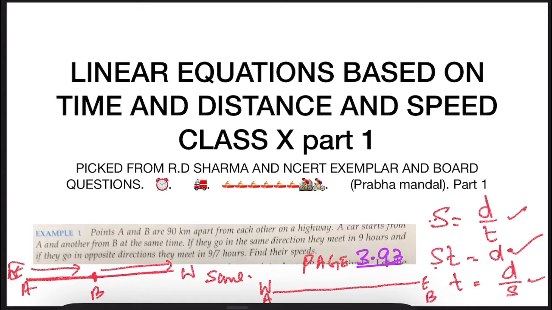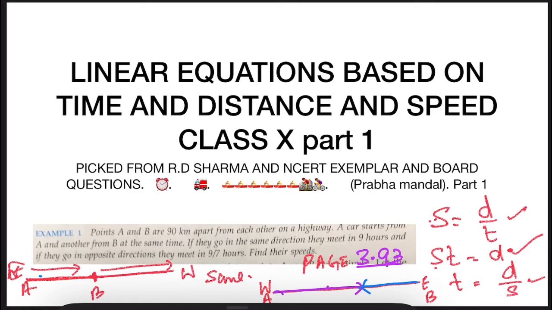Opposite direction means car A will go this side, and B will go from east towards the west. Both will meet at the same time. If they go somewhere they will meet, suppose here they meet.